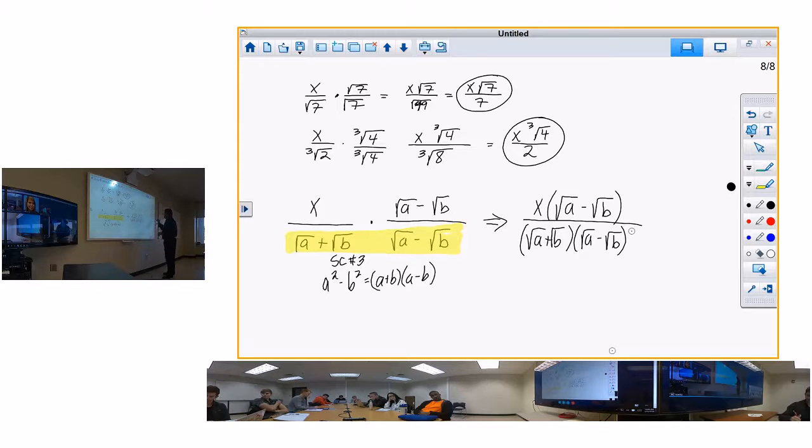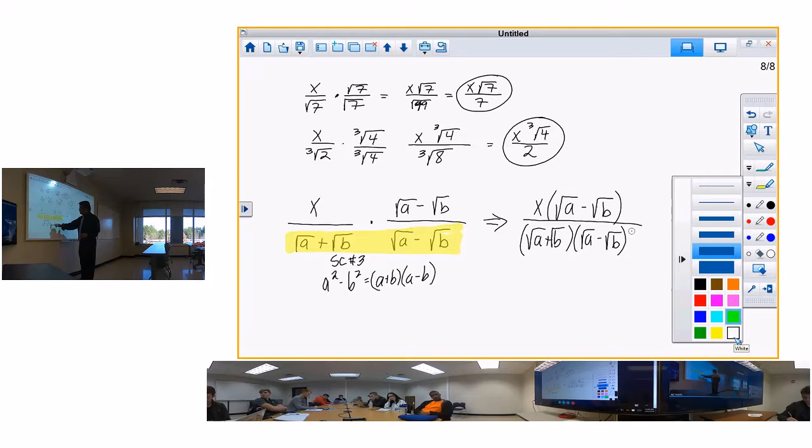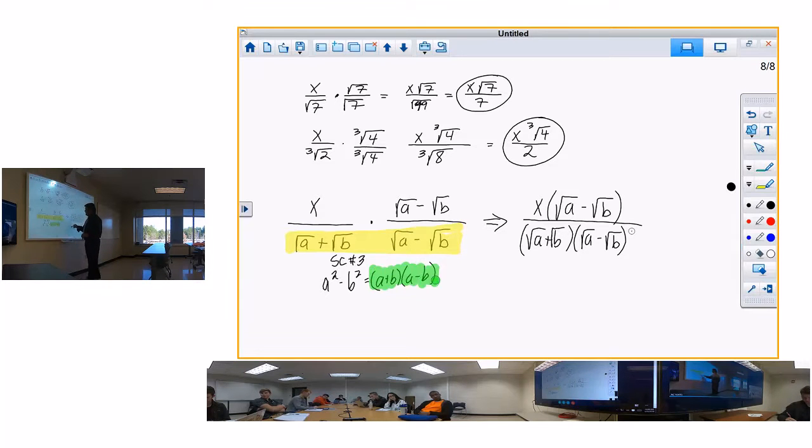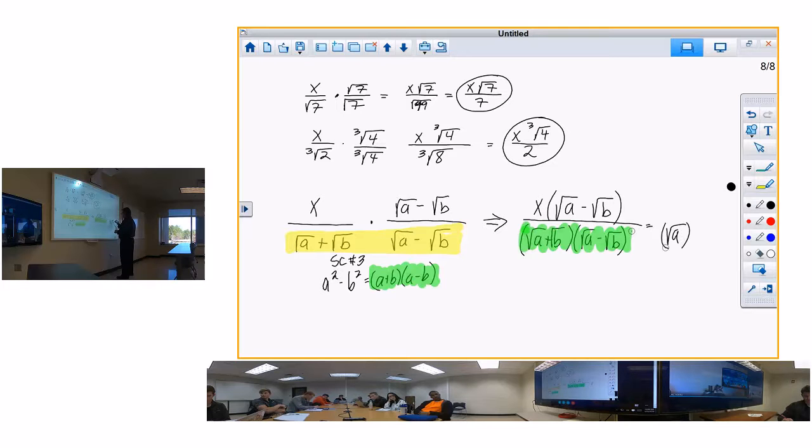Now, do you see where this looks like a plus b, a minus b? So I can rewrite that bottom part as the square root of a, quantity squared, minus the square root of b, quantity squared.